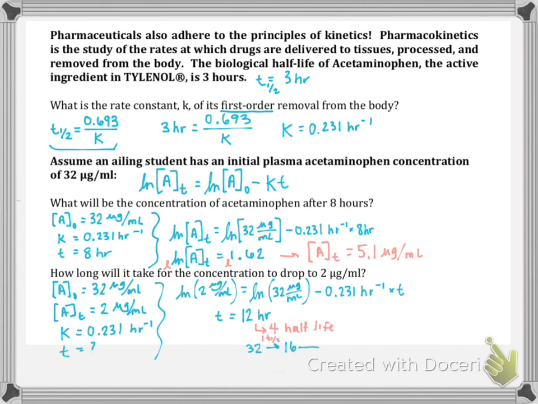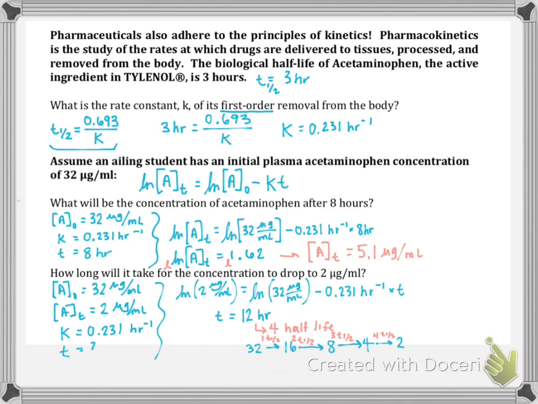And then to go from 16 down to 8 would be another half-life. To go from 8 to 4 would be a third half-life. And then to go from 4 micrograms per mil to 2 micrograms per mil would be our fourth half-life. And so that matches up with what we solved.